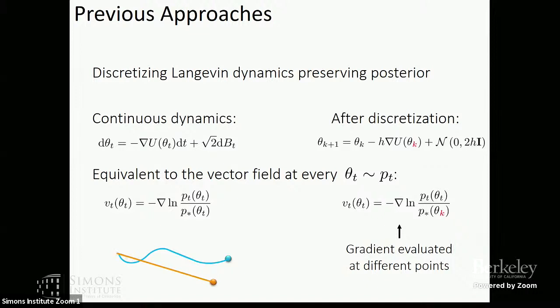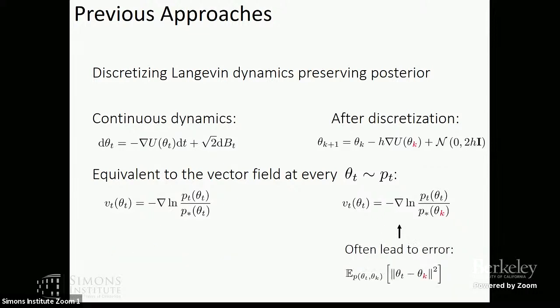Of course, there's going to be a discrepancy, and this discrepancy can oftentimes be described as the expectation of the norm squared of this difference. And note that theta_t minus theta_k comes from this normal random variable, right? So the variance of this normal random variable scales with dimension d. So that's why we always get this dimension dependence.